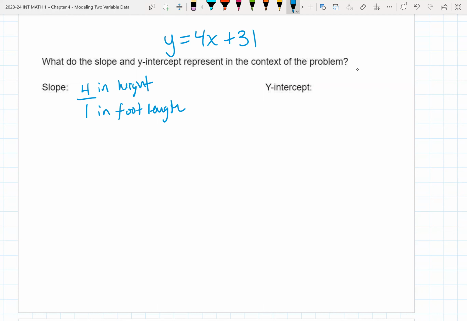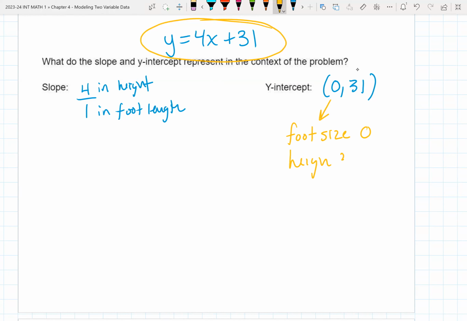The y-intercept is where we begin. Sometimes the y-intercept makes sense, sometimes it doesn't. Remember, this is for your statistical model to make predictions. So the y-intercept doesn't always make sense in context. Does it make sense here that someone could have a foot size of 0 and a height of 31 inches?